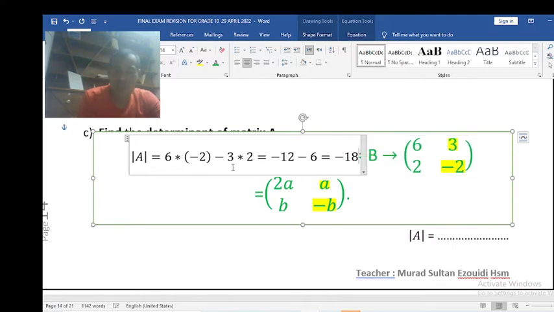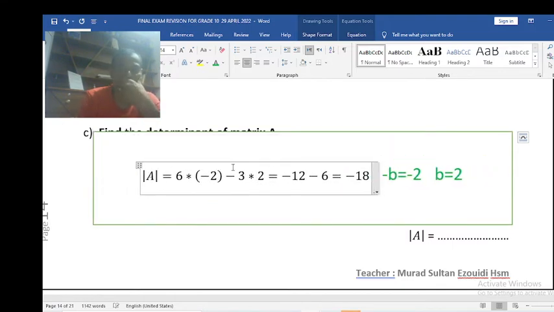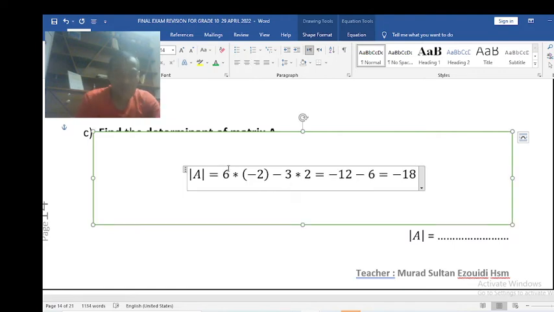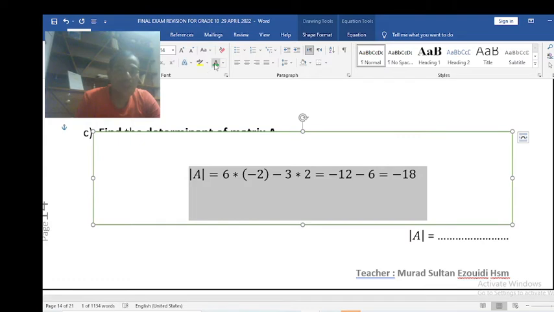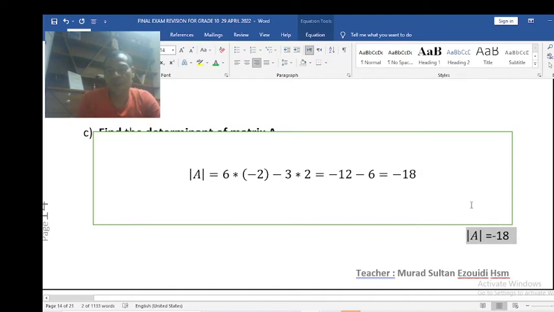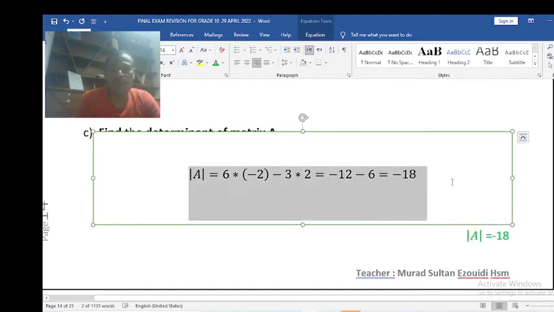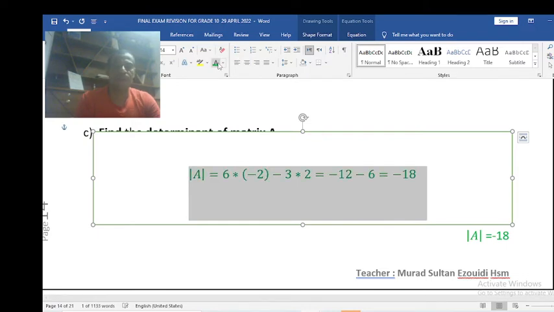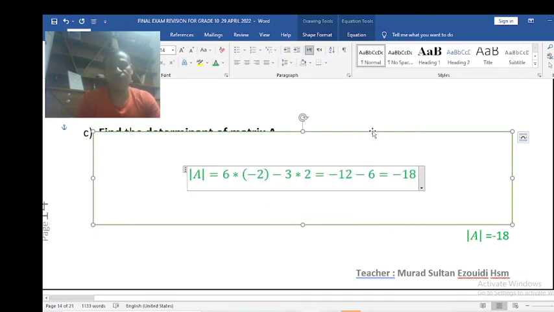This is the correct answer for this question. Clear? So the answer here is negative 18, and this is how you can show your work, my loves. Clear? Okay, the next.